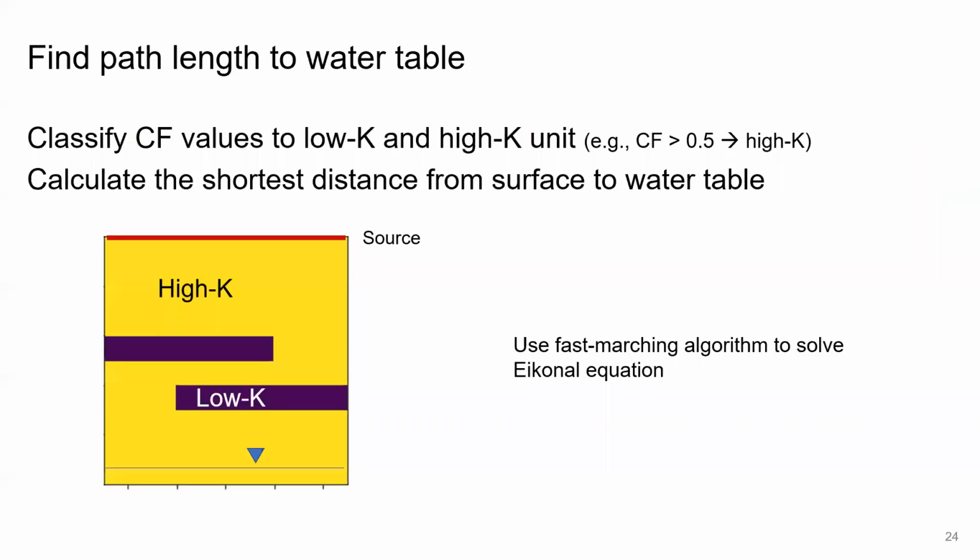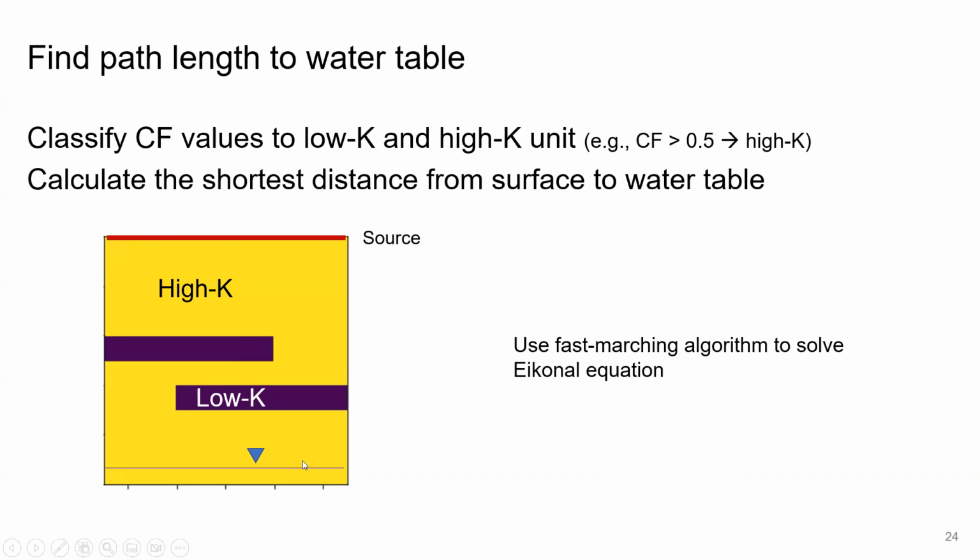And the way that we're doing this, once we have a coarse fraction that we've got from the resistivity model, where CF here stands for coarse fraction, we're going to divide that into a low K unit and high K unit, and then we're going to use what we call the fast marching equation or the Eikonal equation to calculate the shortest distance from the surface to a water table.